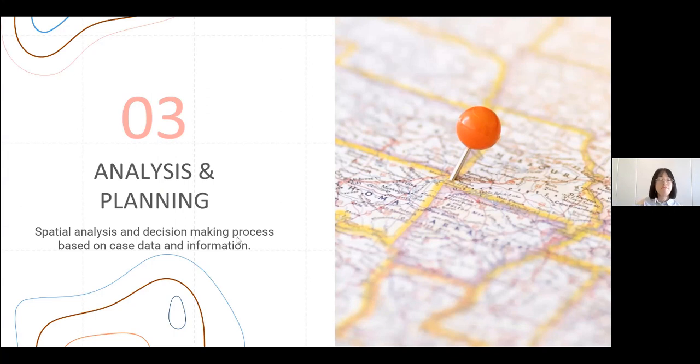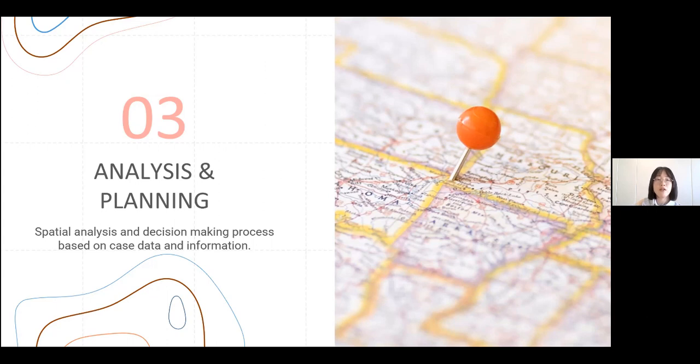Okay, now after the operations on attribute field and field calculation, we already have all the necessary information we need for the case. So in this third part, we will use spatial analysis tools to find out suitable locations that meets all the criteria we designed for our new hawker centres.